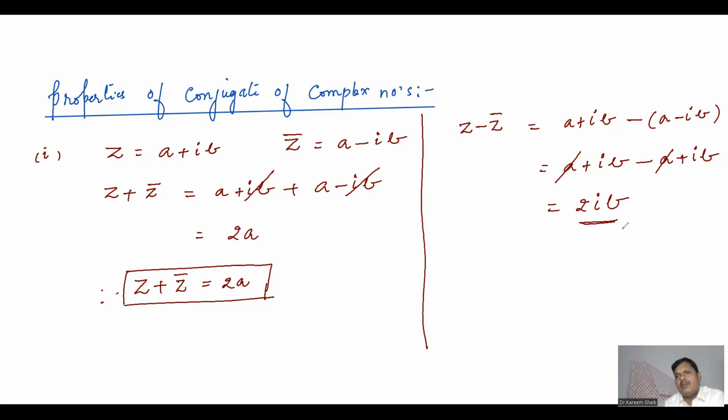That means you are getting only an imaginary part. The difference of a complex number and its conjugate will always give an imaginary number. The sum of a complex number and its conjugate will always give a real number.